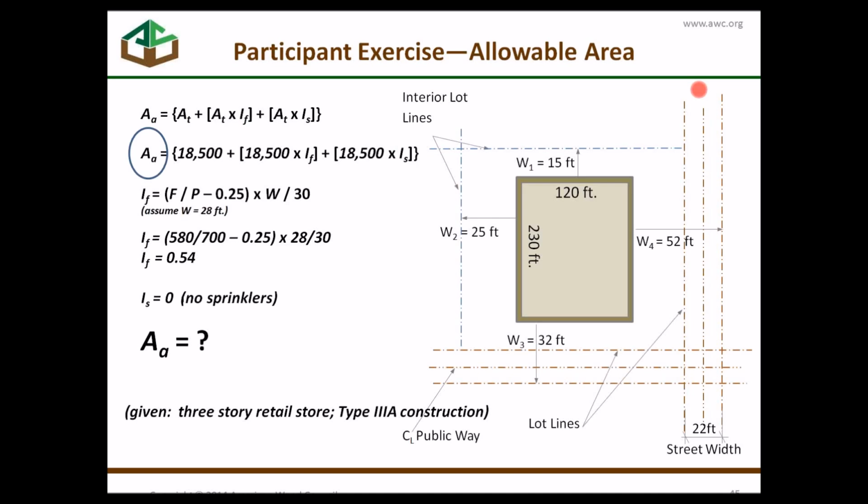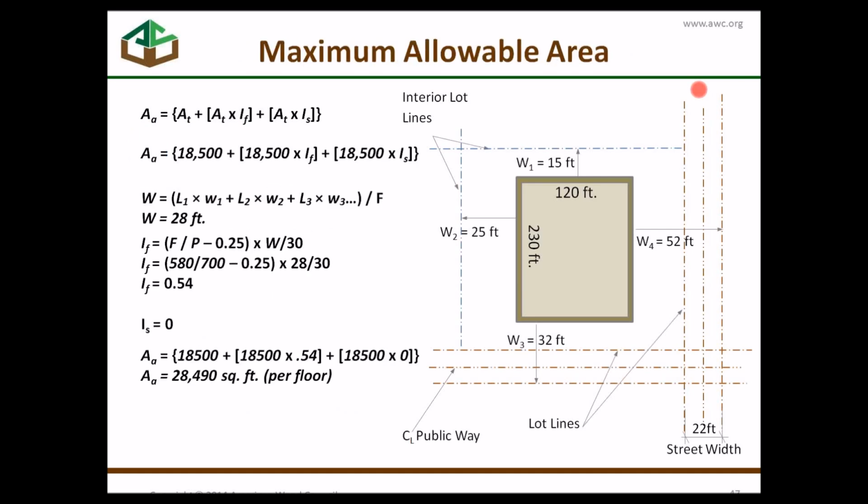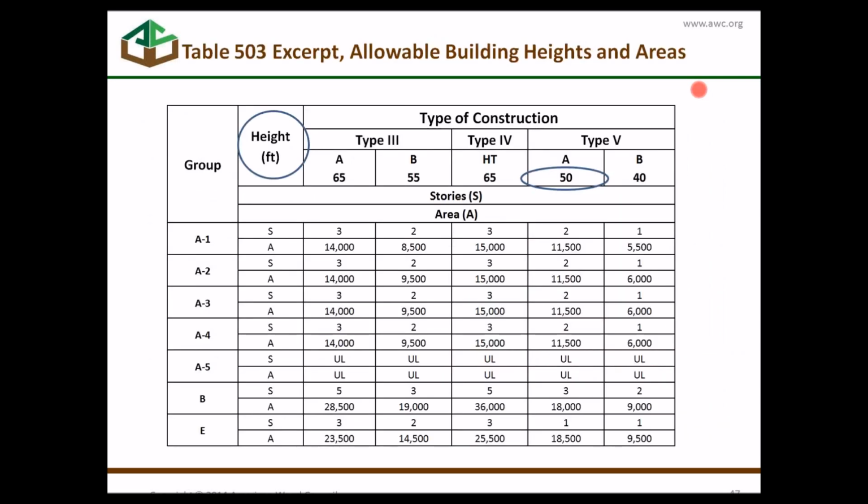Now we have everything we need to calculate our allowable area per story. And we plug in the numbers. And if you did it quickly, you should have gotten 28,490 square feet per floor. Our actual area in this case is 27,600, so we're okay. All right, very good.